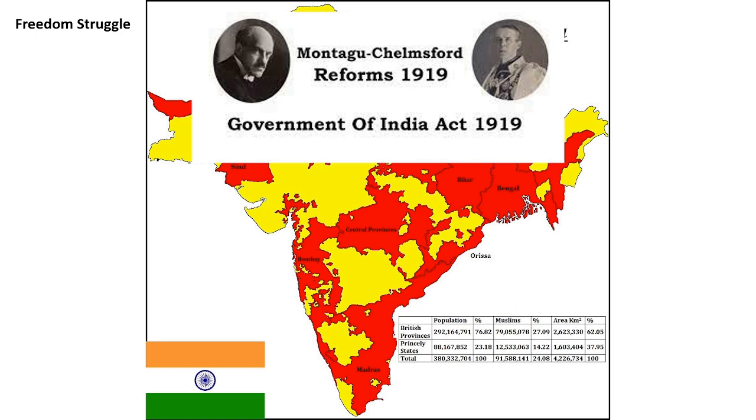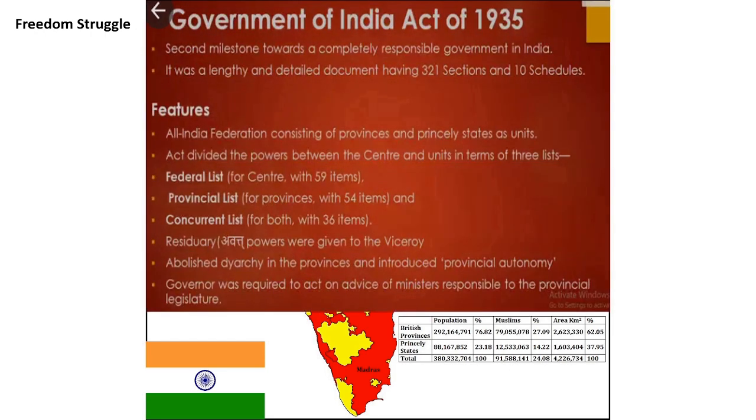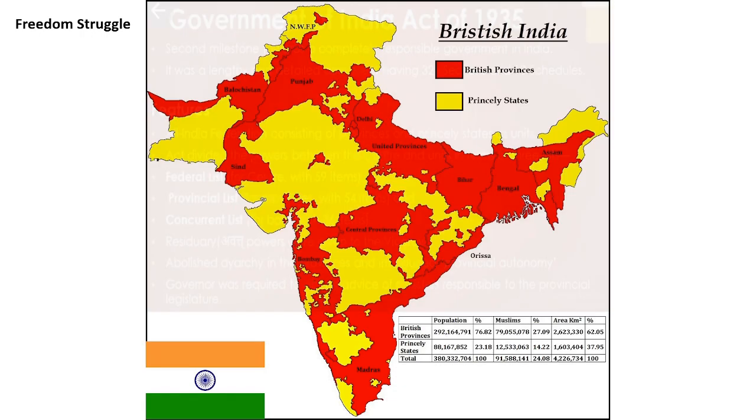Thus, after continued protest against this, the British government finally passed the Government of India Act 1935, replacing the old act, thus increasing the power of provincial ministers. It also proposed three lists: the federal list, where the center can make law for 59 items, the provincial list, where provinces can make law for 54 items, and the concurrent list, where both center and provinces can make law.